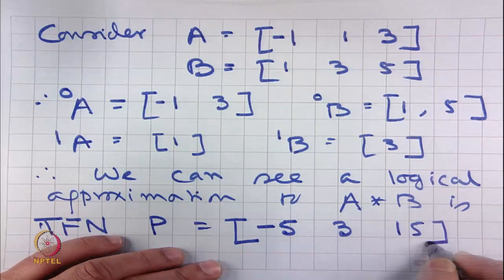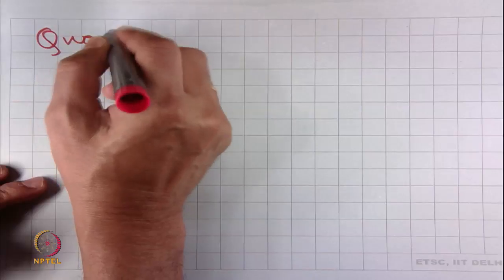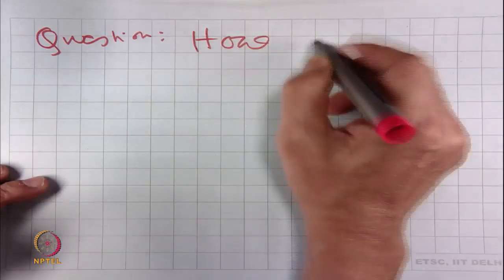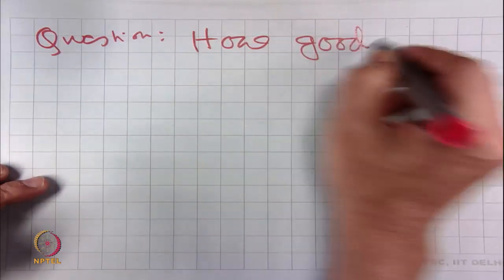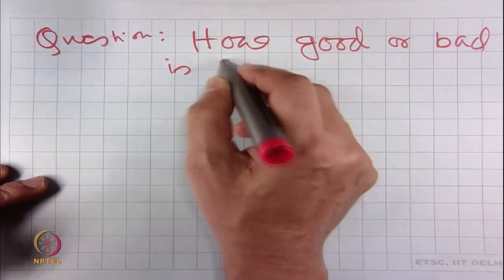Question is, how good or bad is this approximation?